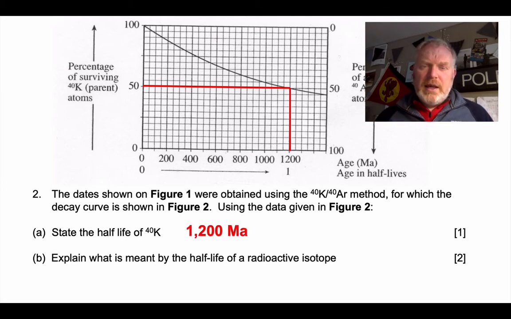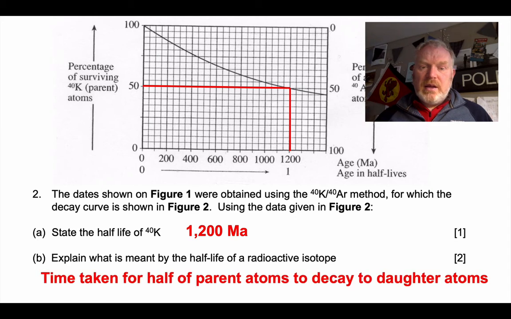Even if your notes may say something slightly different, you always go with the data that's given. It's not a memory test, it's a skills test. You're then asked to explain what we actually mean by a half-life, and it's the time taken for half of the parent atoms to decay to daughter atoms. A mark for talking about half the time taken and the second mark is for half the parent atoms to decay.